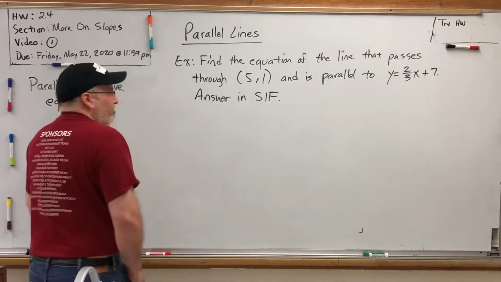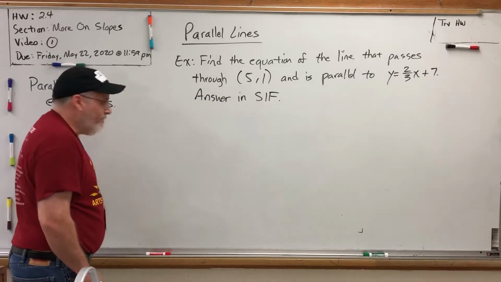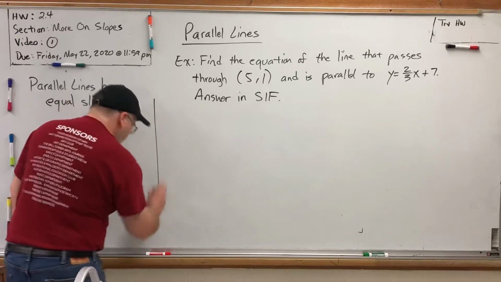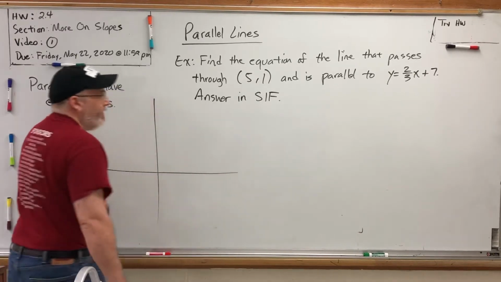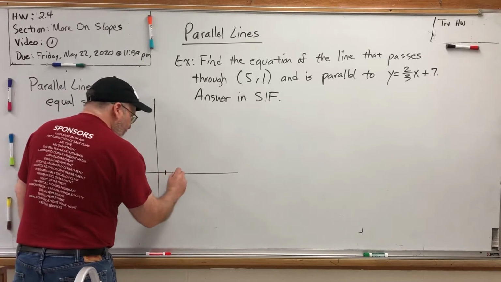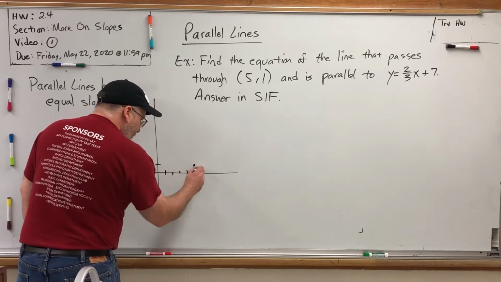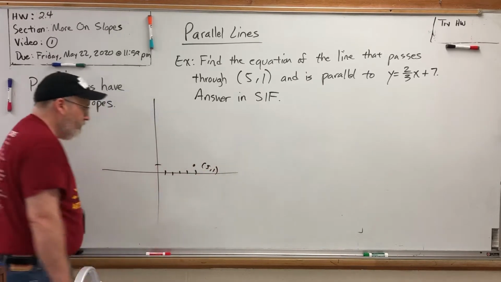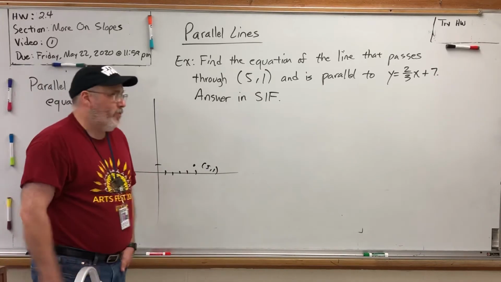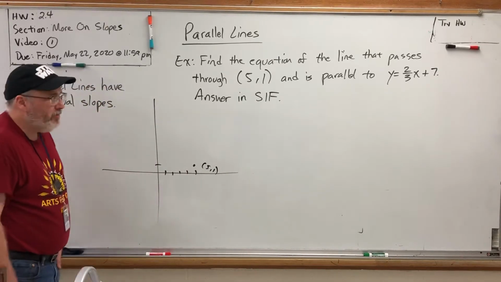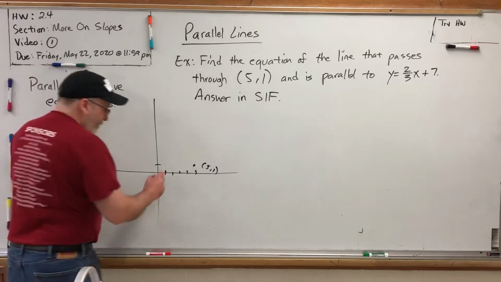Now, it is not necessary to sketch a graph of what you are looking for, but for this one I will. Let's start by locating the point (5, 1), which is out here somewhere. So here's (5, 1). Now let's do a real quick sketch of the line y equals 2/3 x plus 7, which conveniently is in slope-intercept form.